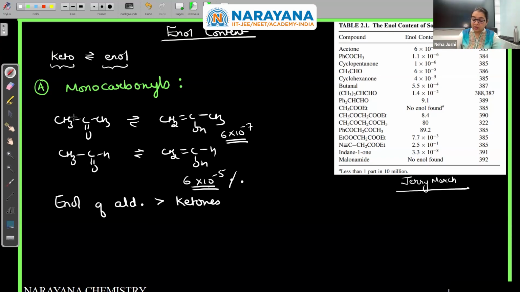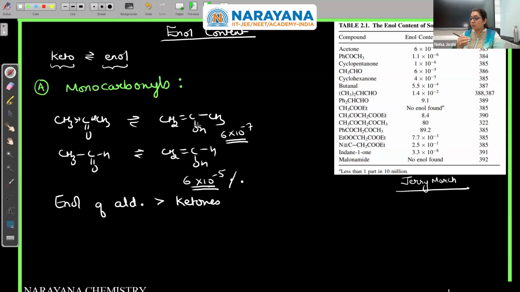The CH3 group stabilizes the carbonyl, and overall this enol is not that stable. So thereby the reaction goes backward. And thus aldehyde has higher enol than ketone.